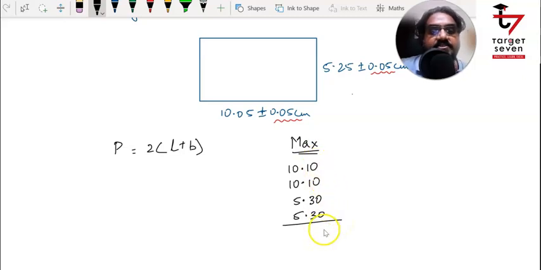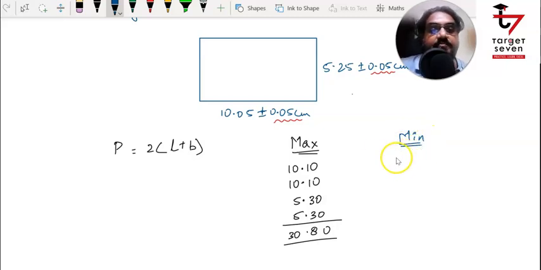If we now consider the sum of this, we would end up having 30.80 as the maximum possible perimeter. How about the minimum possible perimeter then?